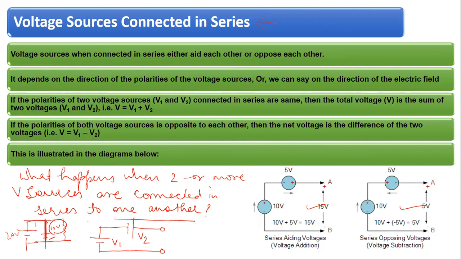And it is not intended, and it is not a good idea to connect the voltage sources in parallel to one another, right? So there are certain consequences of this.